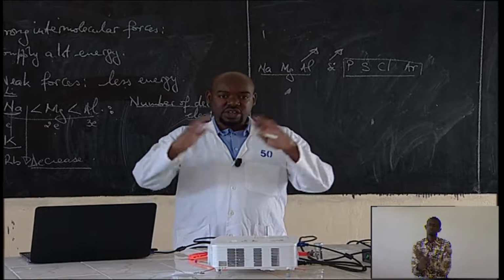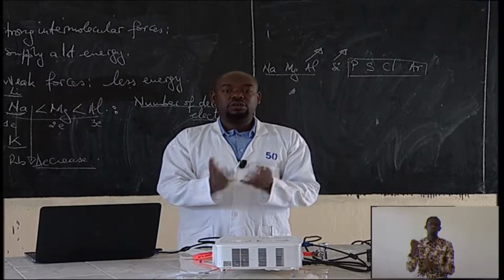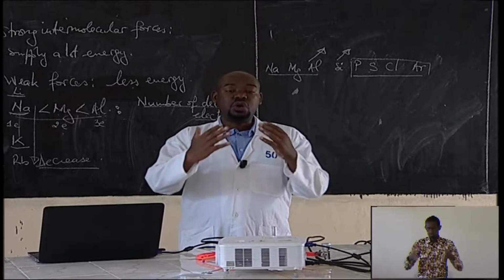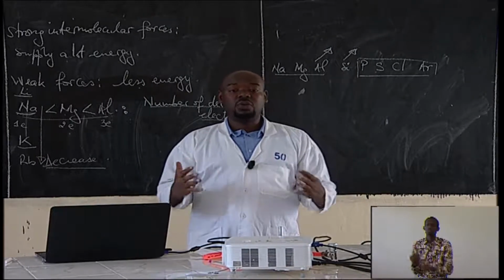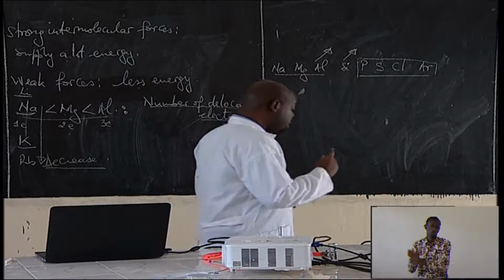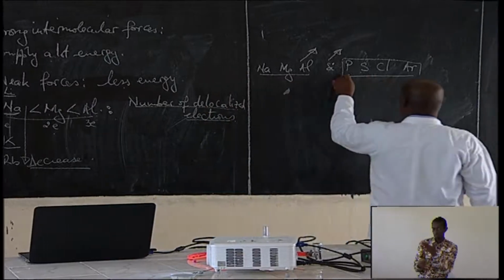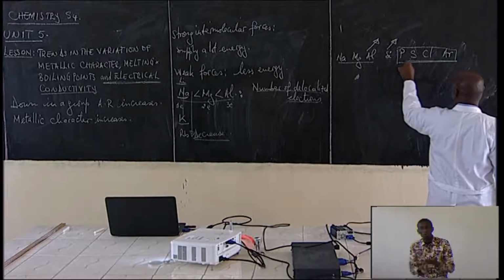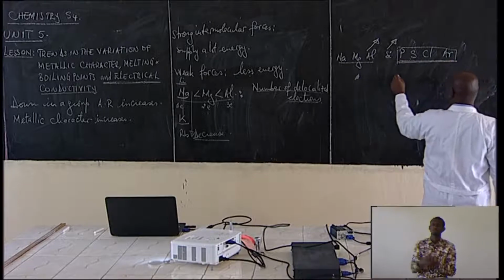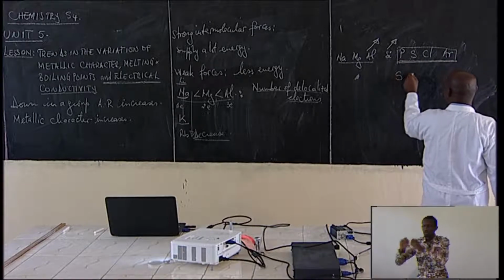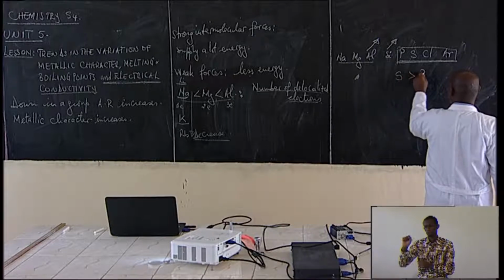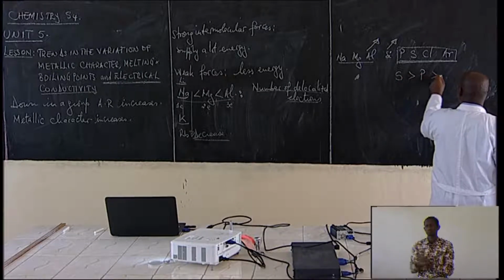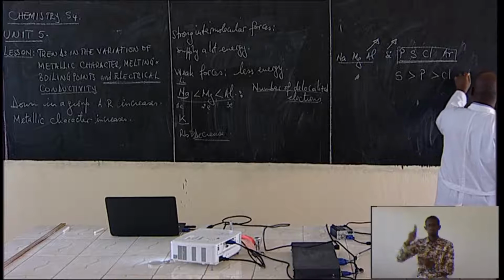As the size of the molecule increases, then we get stronger and stronger intermolecular forces, the van der Waals forces. And that is the reason why in this group of nonmetals, we have sulfur, which has the highest melting point, followed by phosphorus, by chlorine, and the last will be argon.